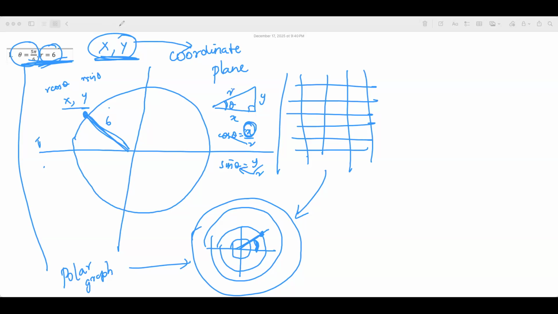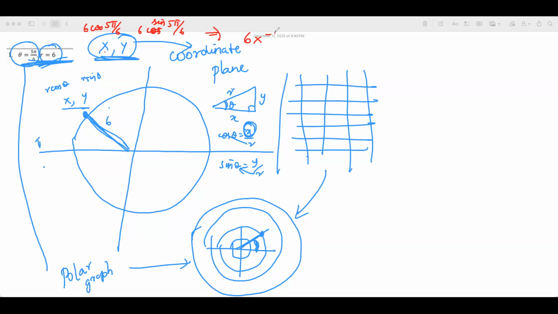So how do we find x comma y here? Let me find out first time for you. X is 6 cos 5 pi by 6. Y is 6 sin 5 pi by 6. What is cos 5 pi by 6, guys?